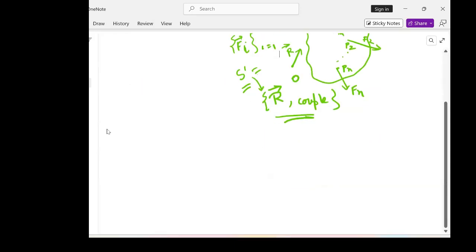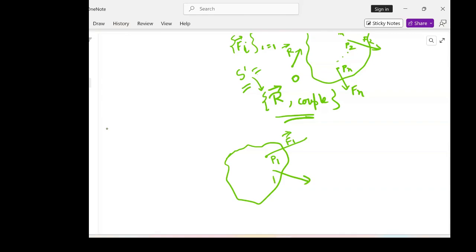Let us again draw this figure for the sake of simplicity. Let us consider this force, say F1. I just considered two forces here instead of so many forces, just for the sake of explanation; you can easily extend it up to n. So these two forces, F1 and F2, act at P1 and P2.